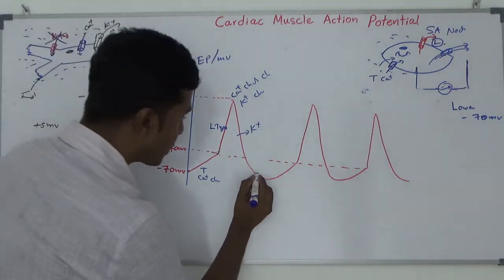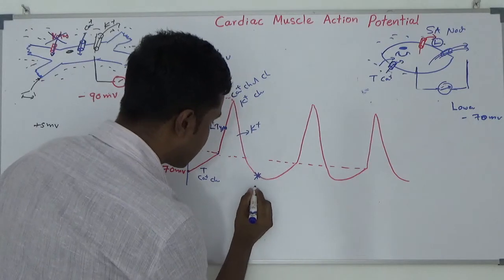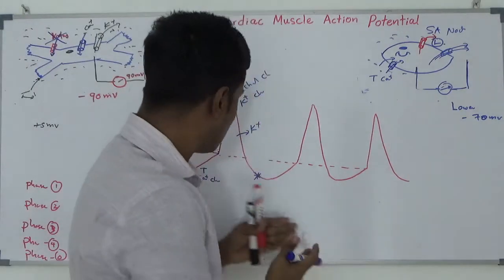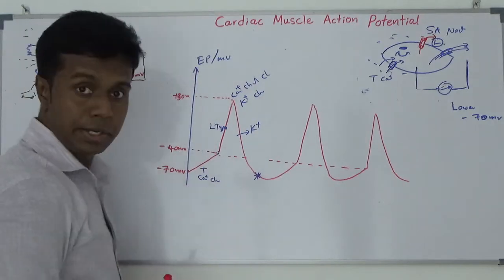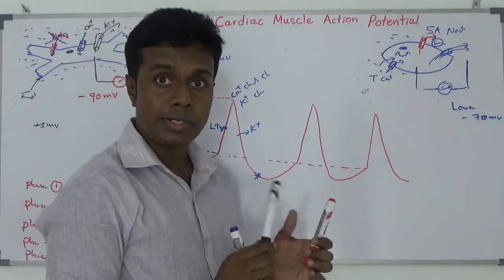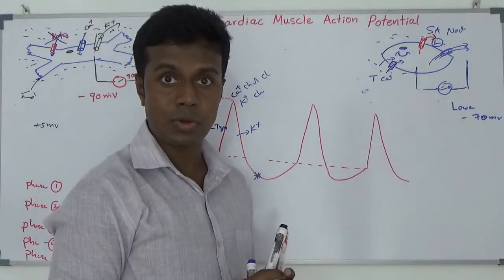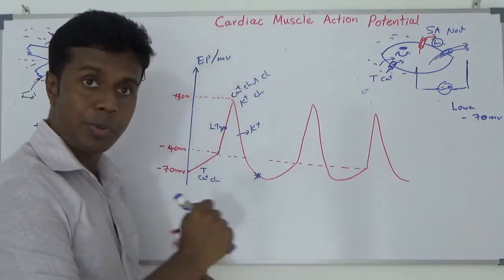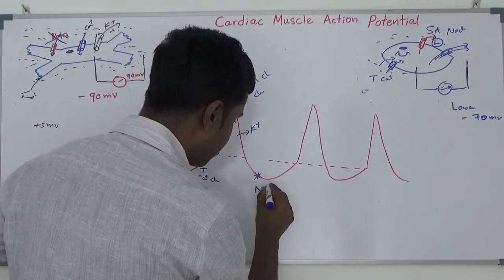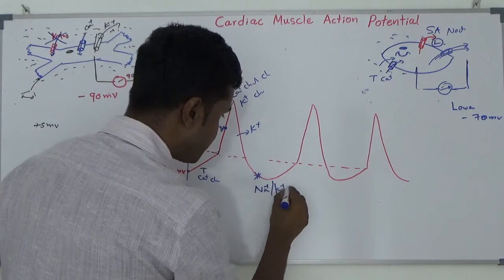Here your sodium potassium ATPase comes into play. Even though you came back to the electrically normal level of minus 70, the ion composition is so disturbed in your cell that it should be corrected. That correction is done by your sodium potassium ATPase pump.